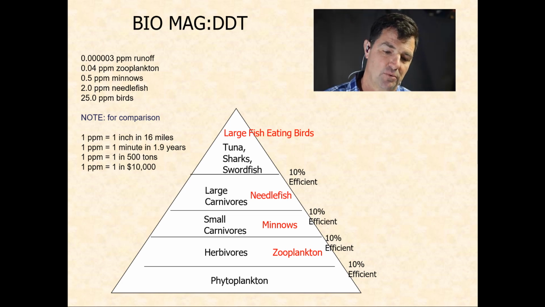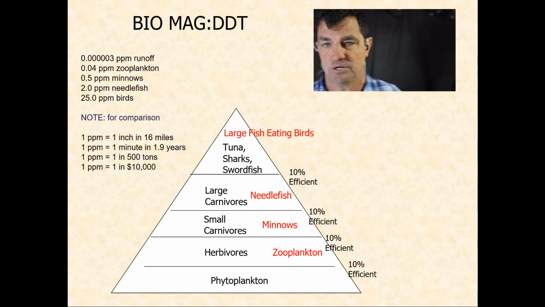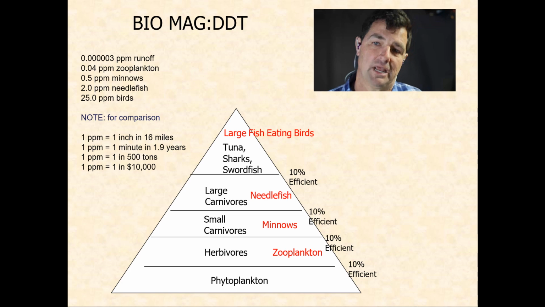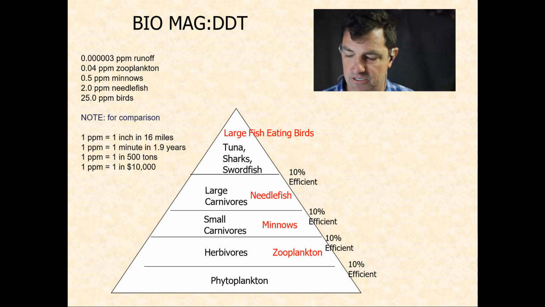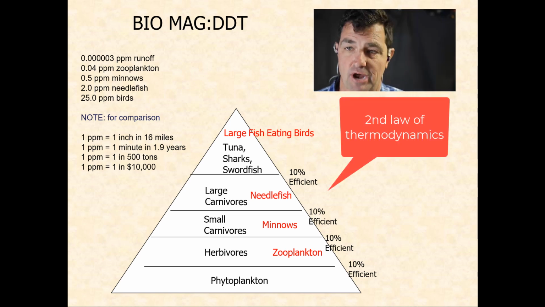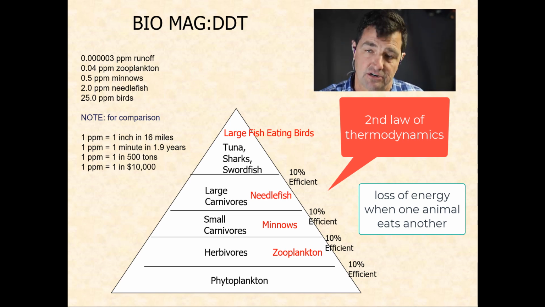One way to think about this is how many tiny pieces of zooplankton a minnow would eat. Remember when we talked about food pyramids or energy pyramids, and the second law of thermodynamics? When an animal eats another animal, there's an inefficiency in the energy harnessing, so you always lose about 90% of the energy.